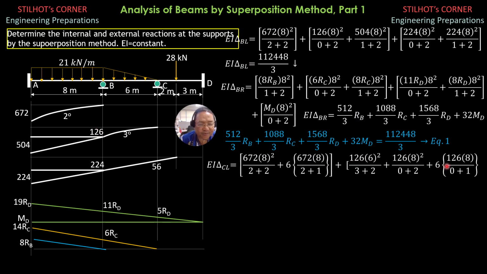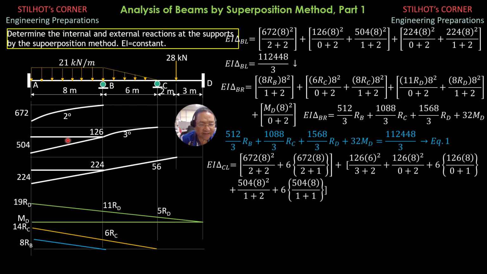So 6 times 128 length 8 over degree 0 plus 1, then plus this triangular moment diagram 504 8 squared over first degree plus 2 due to deflection, and due to slope 6 times 504 8 over first degree plus 1.